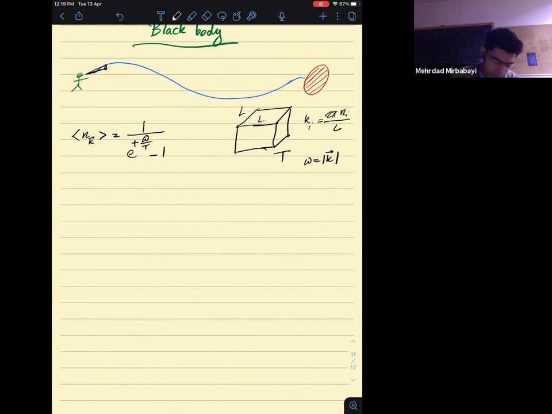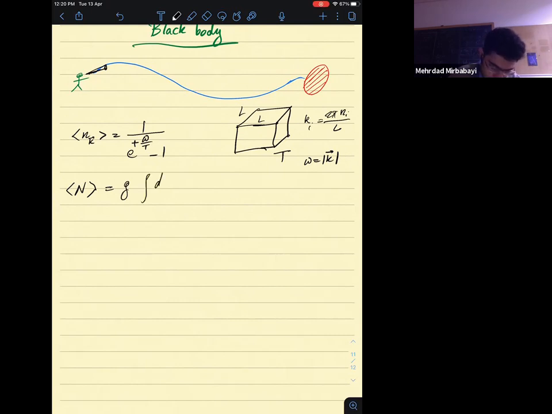Now, if, for instance, we want to look at the expectation of the total number of photons, we should just sum over all of the energy levels. We should also remember that photons have 2 polarizations. So for any k, we have a degeneracy of 2. In general, we can call this g, the internal degeneracy or polarization.